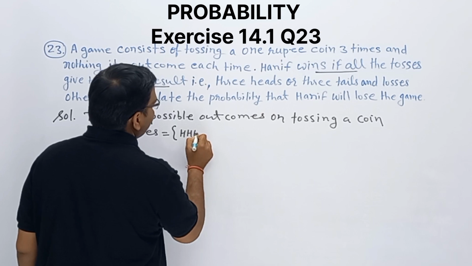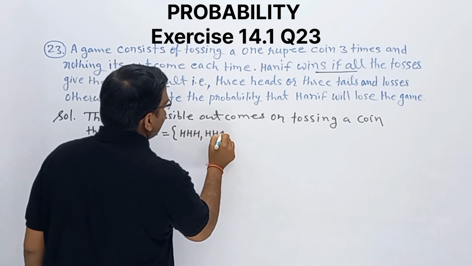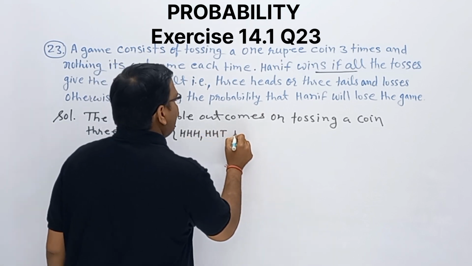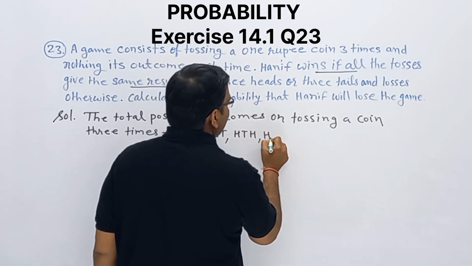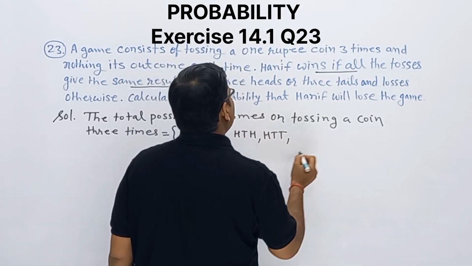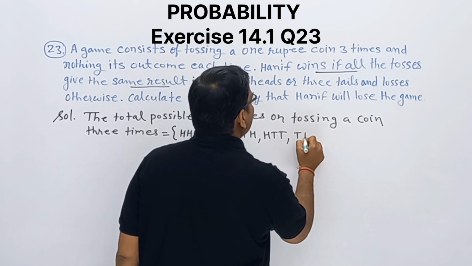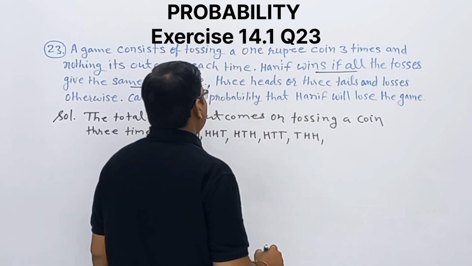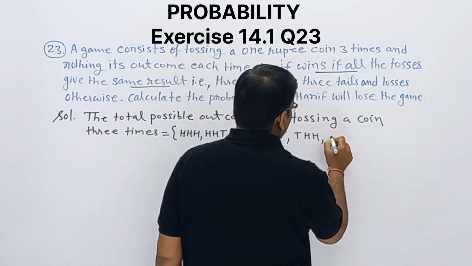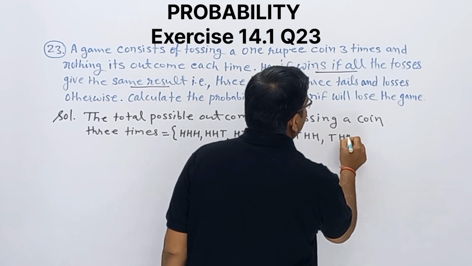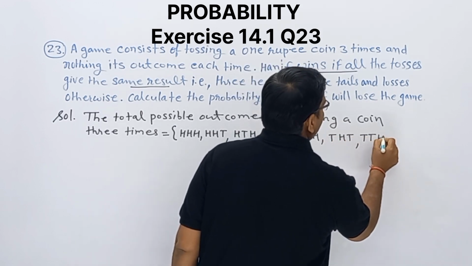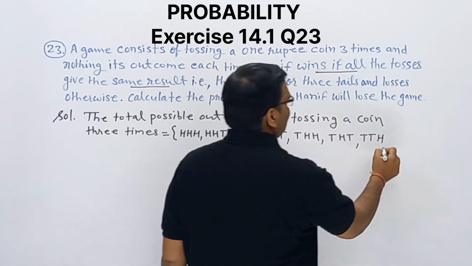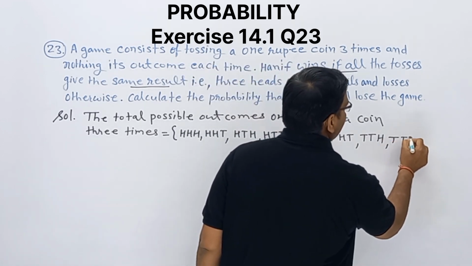Head, head, head; head, head, tail; head, tail, head; head, tail, tail. Next one, tail, head, head; tail, head, tail; tail, tail, head; and next one, tail, tail, tail.